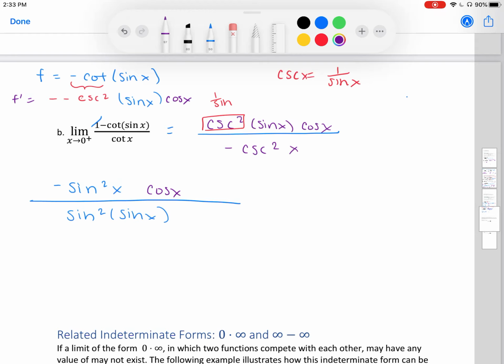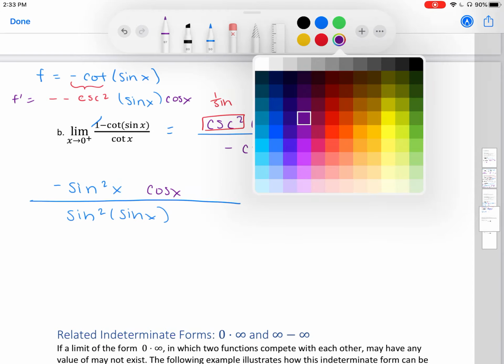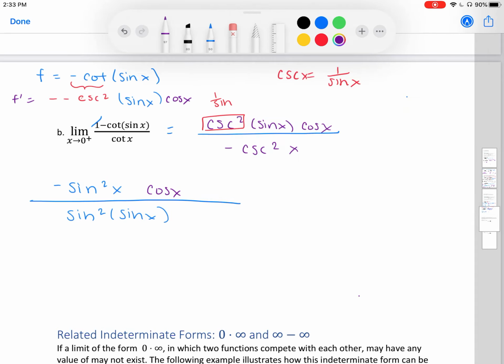Okay, we still have a problem. Sine at 0 is 0. So we still have that undefined value in the denominator. Let's go ahead and apply L'Hopital's one more time. But before that, let's be clever.